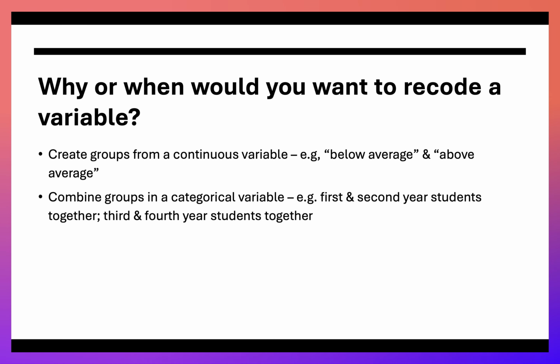That would be using your continuous variable to create groups. Or maybe you can combine groups already existing in a categorical variable and make them even smaller. So maybe you wanted to do an analysis that grouped first and second year students together and then third and fourth year students together. Both of these would involve creating new variables by recoding existing ones. And I'm going to show you how to do that in SPSS right now.